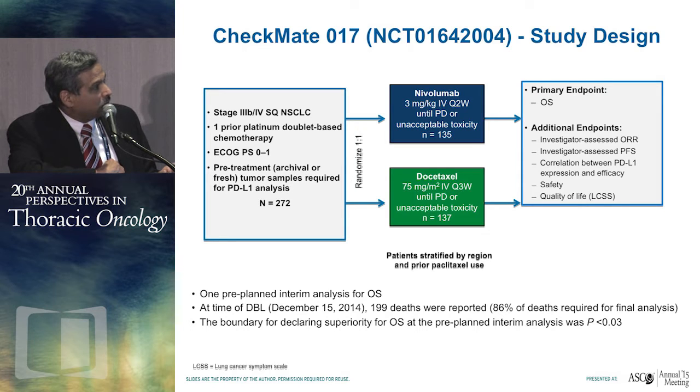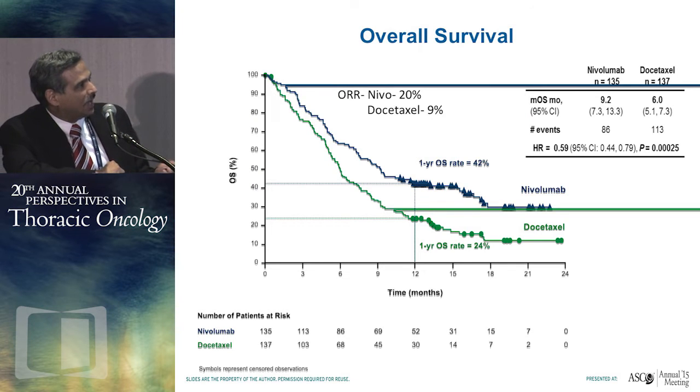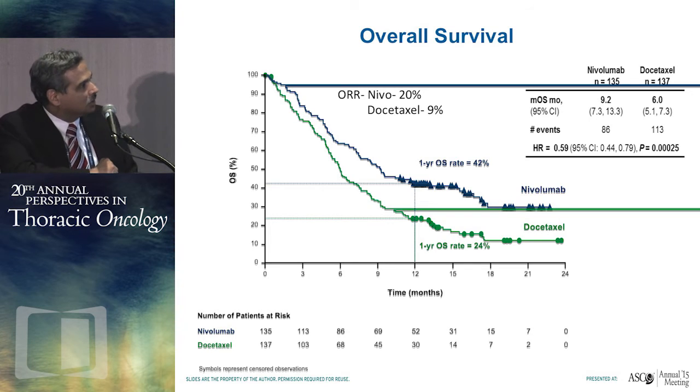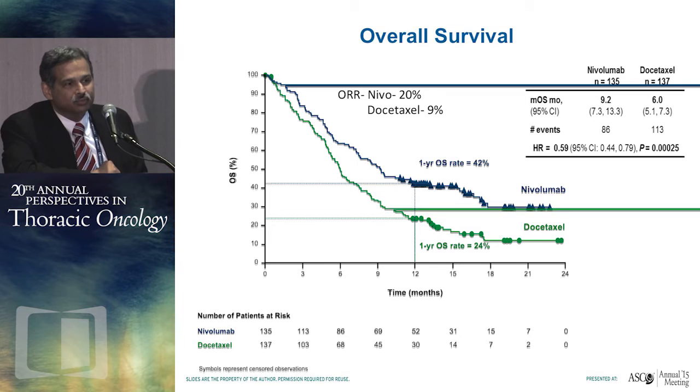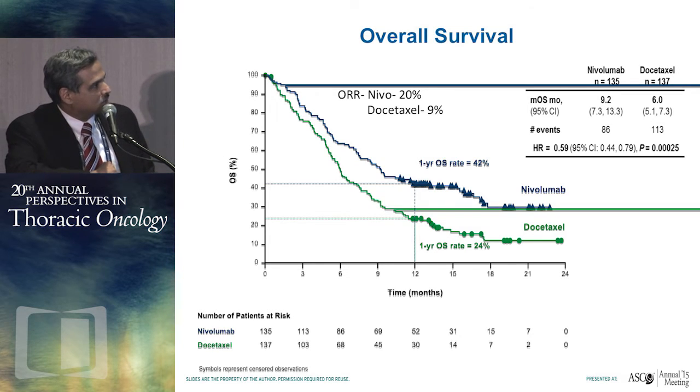The primary endpoint was overall survival, and it did meet the primary endpoint with a hazard ratio of 0.59, which is truly quite remarkable. And at 1 year, there is almost a 20% improvement in survival between patients who receive nivo versus patients who receive docetaxel.